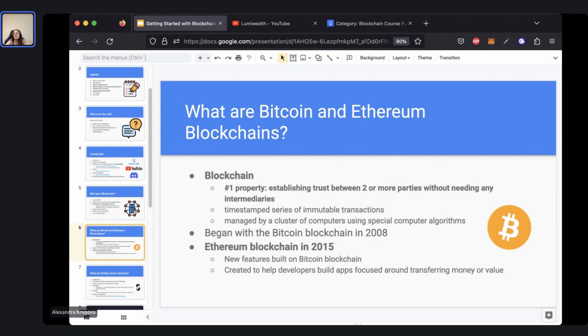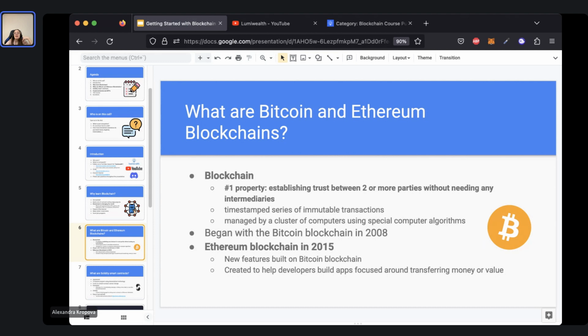Usually companies today have a central entity: there's a CEO, there's an office, maybe a warehouse to store the servers and databases, because they're centralized. But the whole point of a blockchain is to be decentralized, which means there's no central location or owner of a blockchain. Instead, a blockchain is known as a peer-to-peer network.